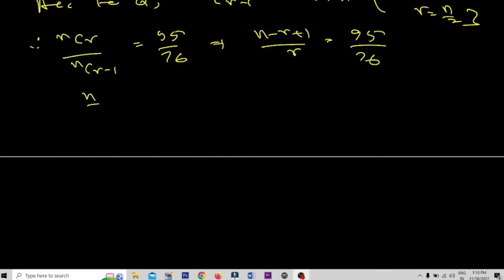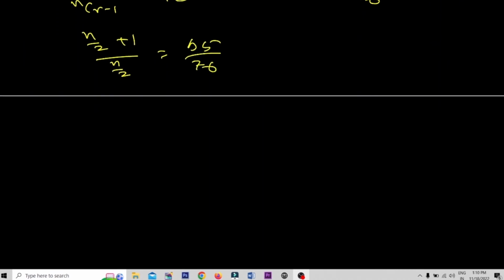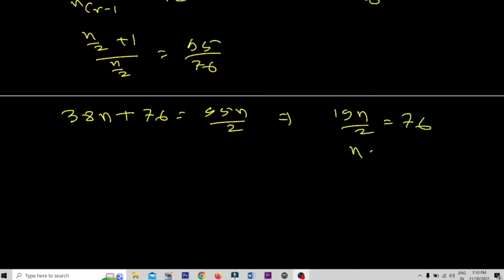We are getting (n by 2 plus 1) by (n by 2) equal to 95 by 76. If we cross multiply, we are getting 38n plus 76 equal to 95n by 2. Therefore 19n by 2 equal to 76, n equal to 8. So we got n equal to 8.